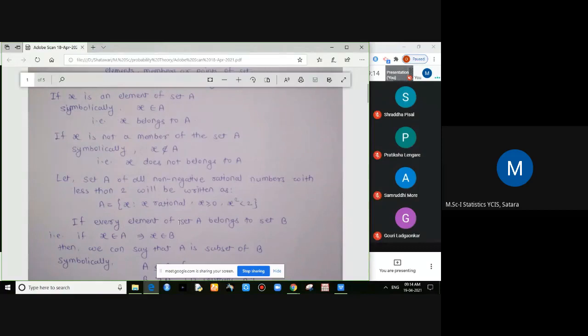If every element of set A belongs to set B, how can we write it?